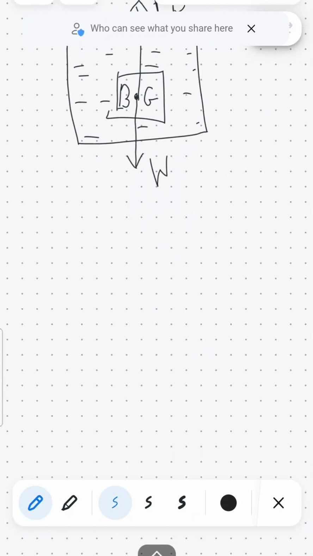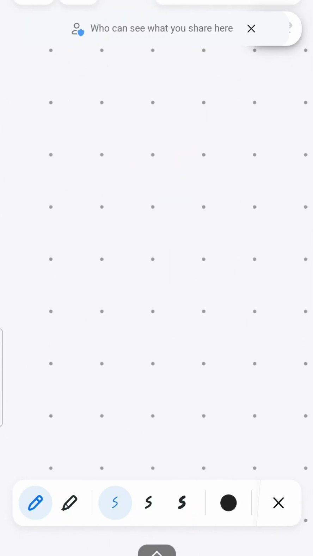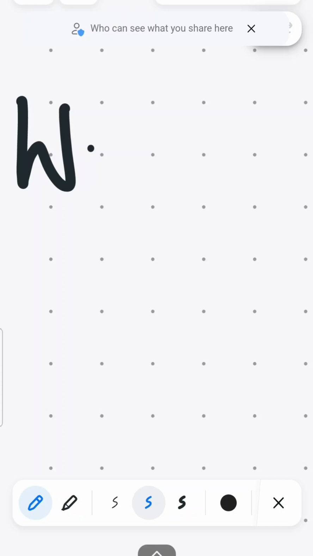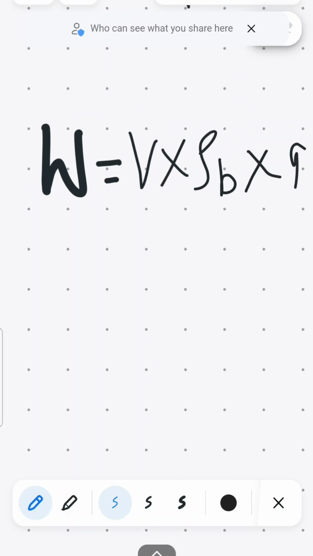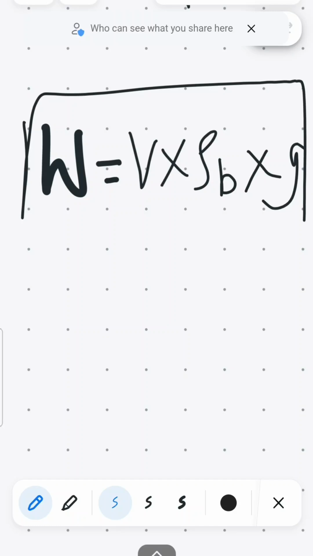Now if we have to write formulas for the further part, the formula of W is the volume of the body multiplied by the density of the body multiplied by acceleration due to gravity. This is the formula for weight.